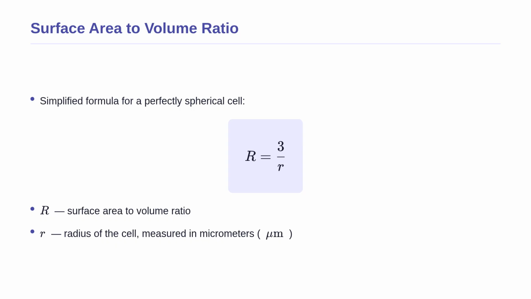The variable R is the ratio itself, and r is the radius of the cell. Notice that R is inversely proportional to r. This means that as the radius of the cell increases, its surface area to volume ratio strictly decreases. A larger cell has much less surface area relative to its massive volume.